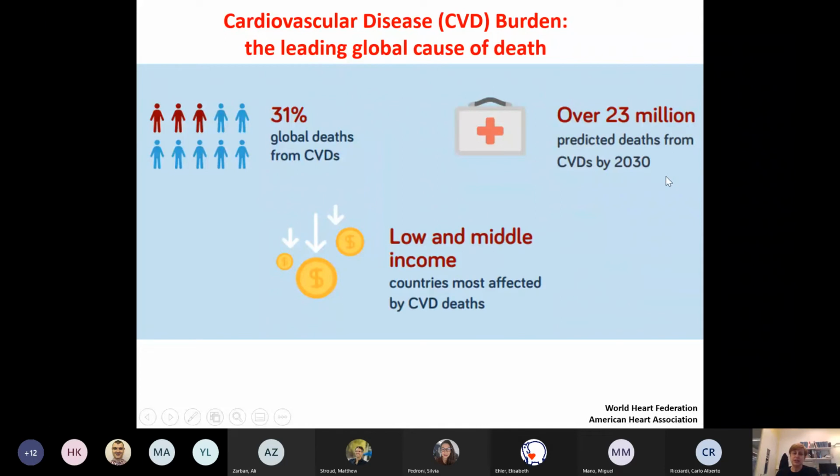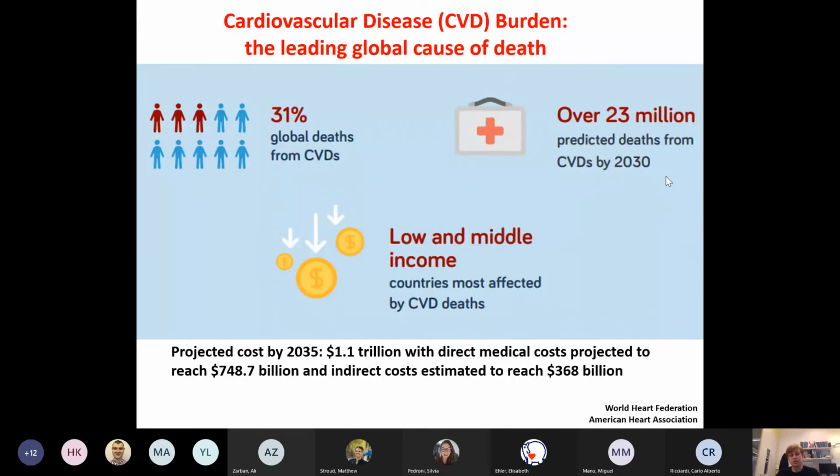Low and middle income countries are actually more affected by cardiovascular diseases. And as the American Heart Association predicts, the medical cost by the year 2035 would exceed $1 trillion US dollars.